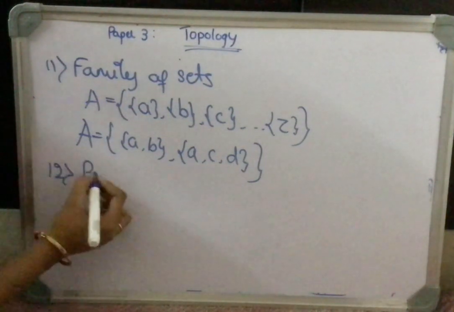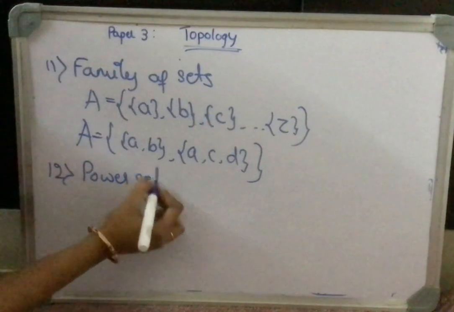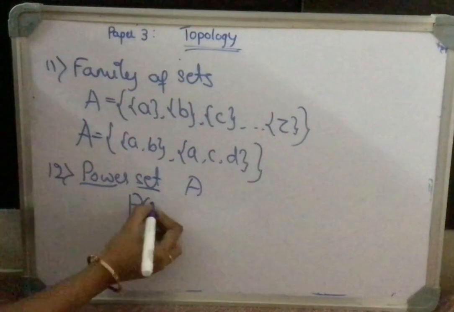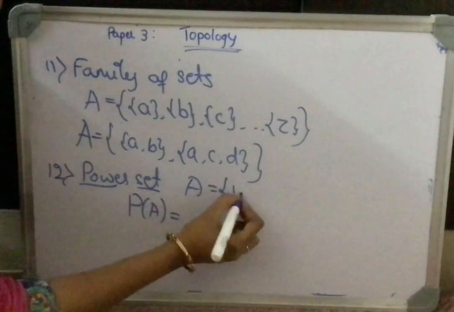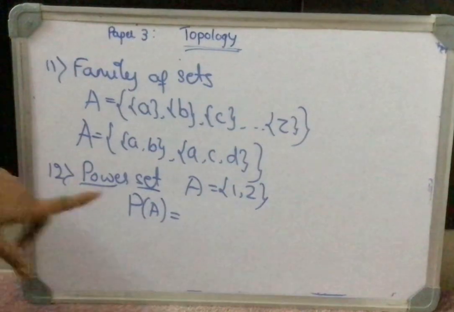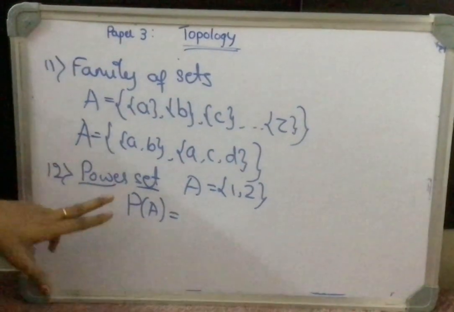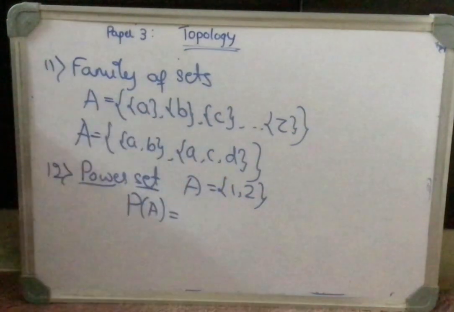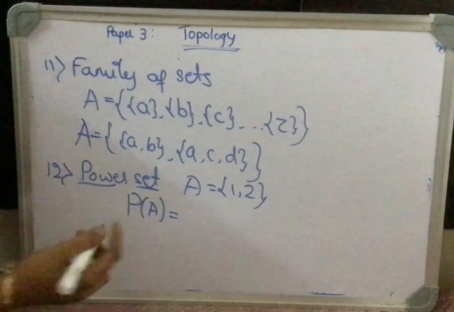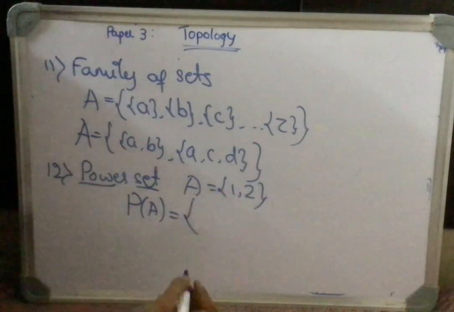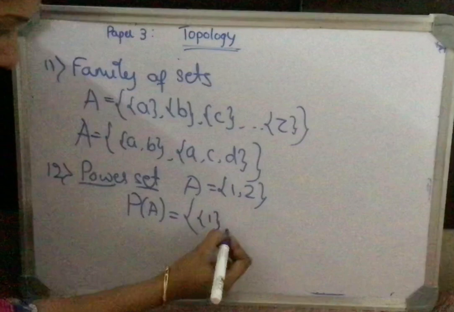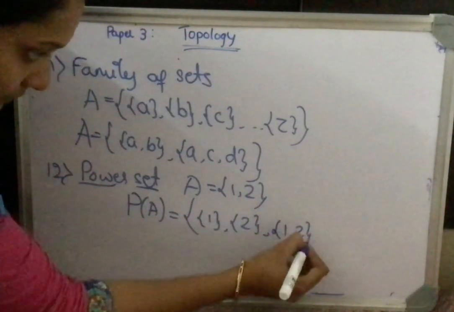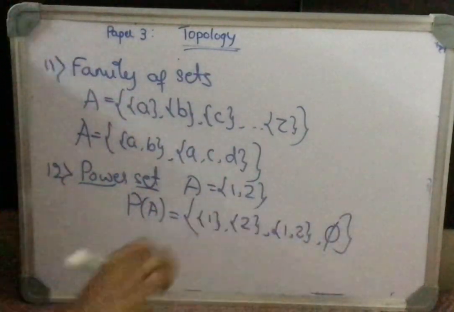Next is power set. If A is any set, the power set is denoted by P of A. For example, A is equal to 1, 2. The power set of any set contains all the subsets of the given set. Okay, so here all the subsets of set A are singleton 1, singleton 2, 1 2 itself is a subset, and the null set is always a subset of any set.